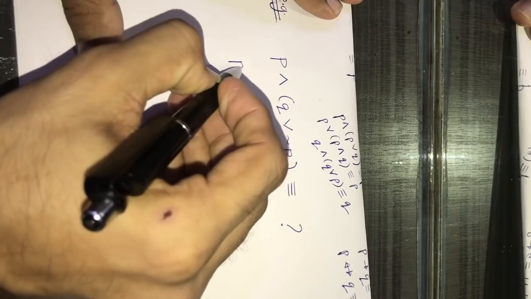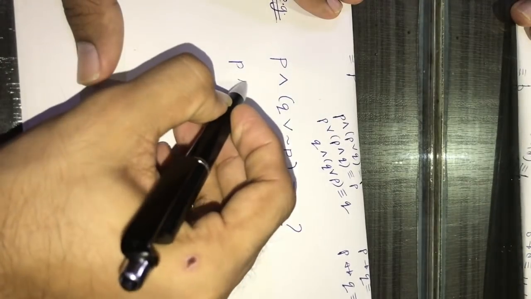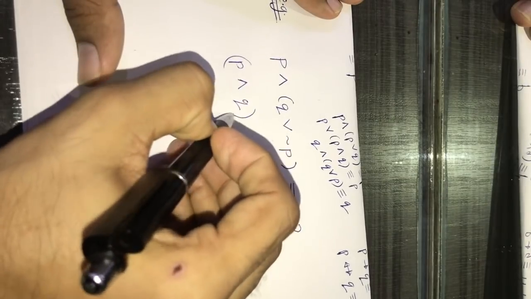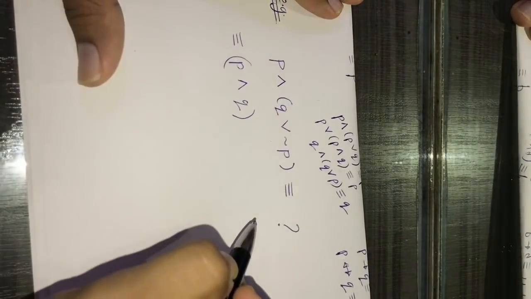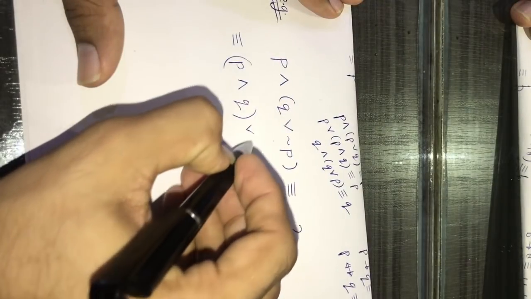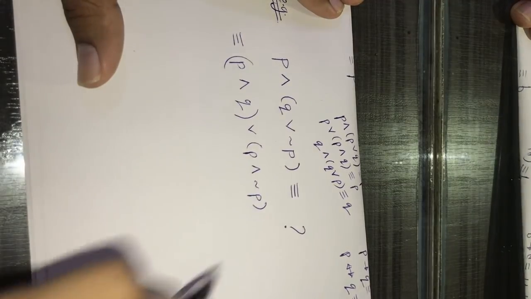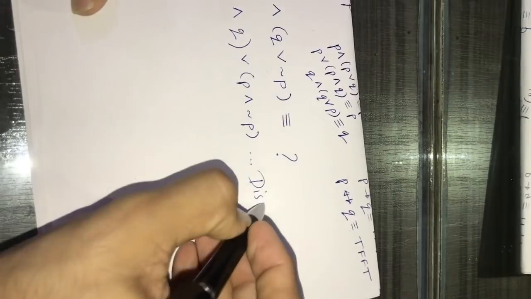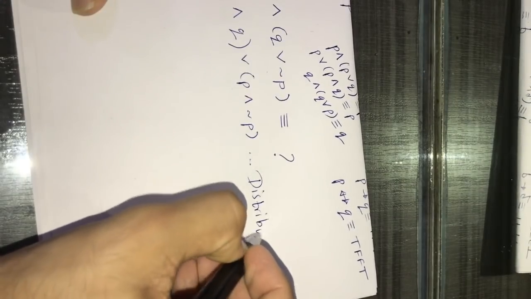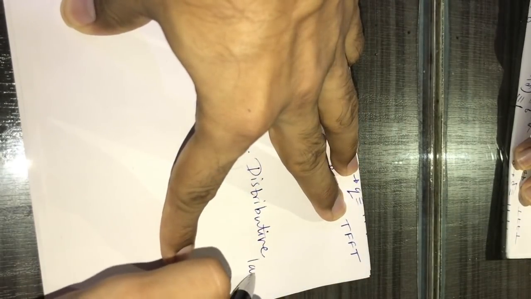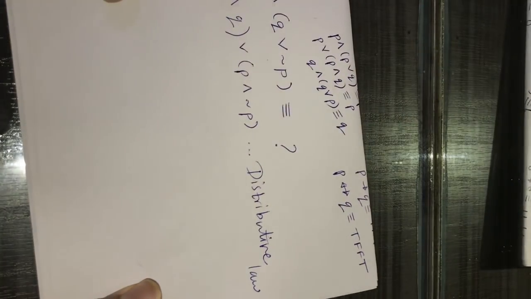So I will write it down as P and Q, that's logically equivalent to P and Q, or it is P and negation P. What is this law? This law which we have used here is distributive law. Okay, so you'll have to write this at the side like this, distributive law in HEC.